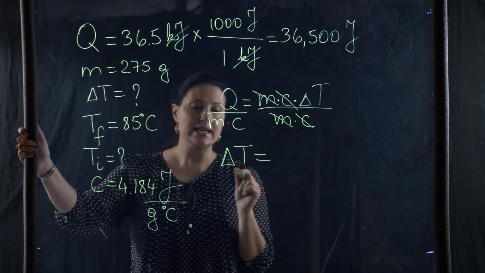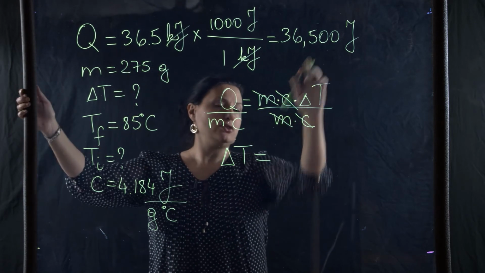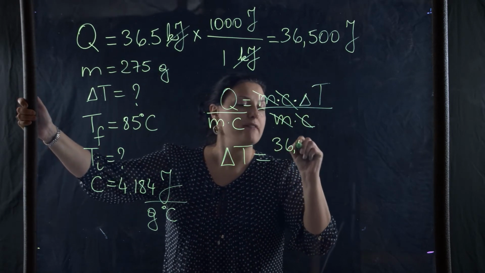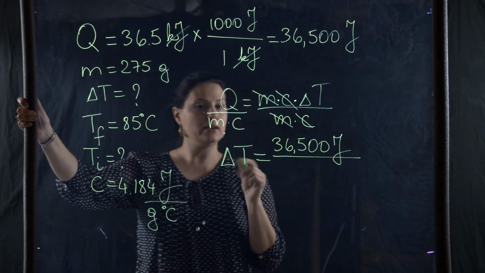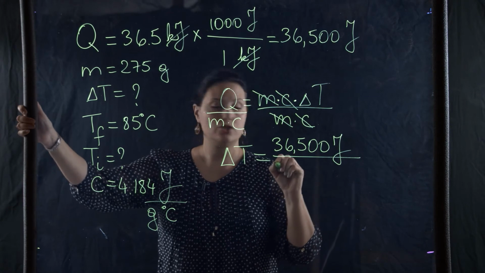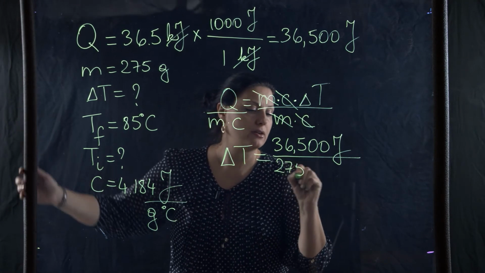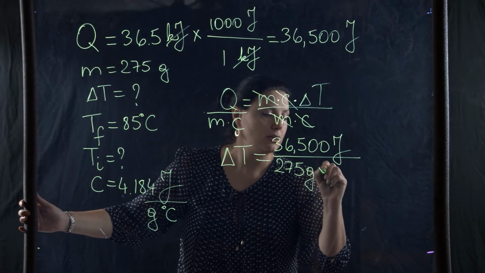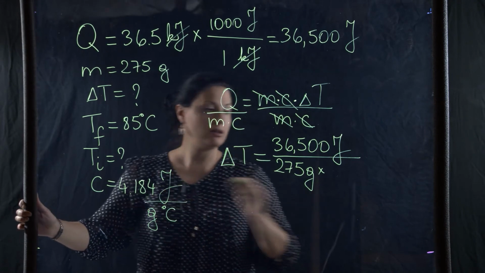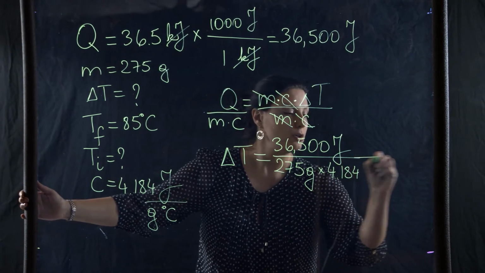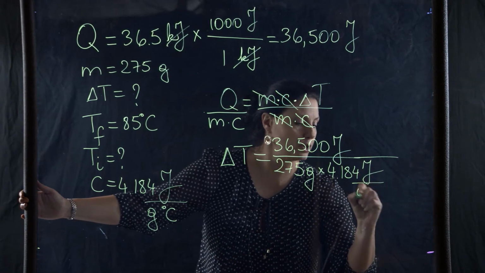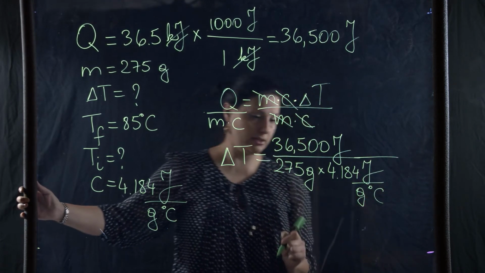Now I have everything that I need. I can plug the numbers in: 36,500 joules divided by the mass, which is 275 grams, divided by 4.184 joules per gram degrees Celsius.